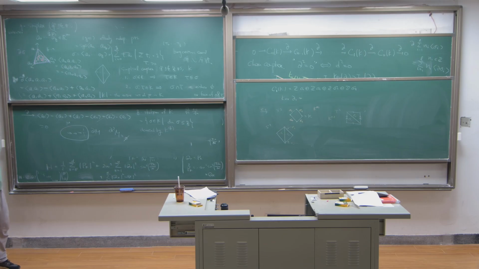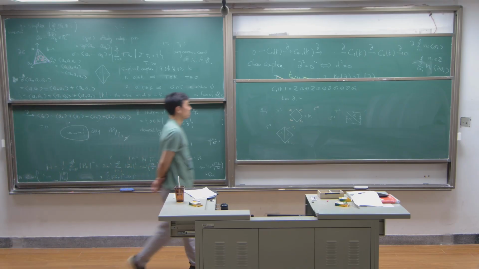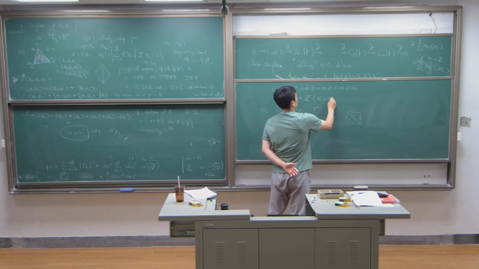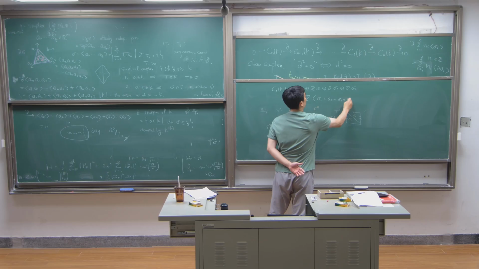Sigma is oriented, of course. So Z times sigma 1 plus sigma 2 plus sigma 3 plus sigma 4.